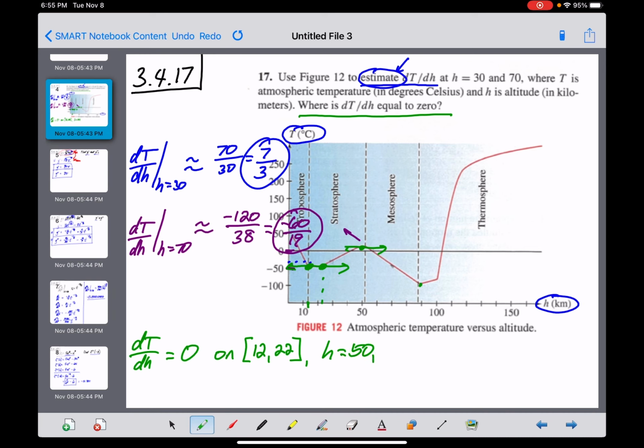And, oh boy, that kind of looks like a spot of non-differentiability, but we're going to run with it for now. Let's see, 60, 70, 80, a little bit less than 90, so maybe I'd say where h is equal to 88, if in fact that red curve is a continuous function. So all of these are estimates, guys. I'm not even sure what they have for their answer, but probably pretty close to what we've come up with here on number 17.